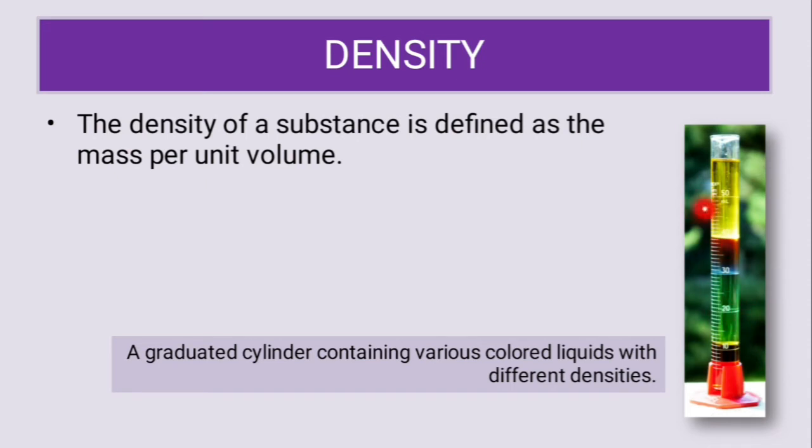So there are different colored liquids with different density. The most dense is at the bottom and the lightest is at the top. So that's the behavior of any material with a certain density. The more dense the substance is, the more it will sink downwards.